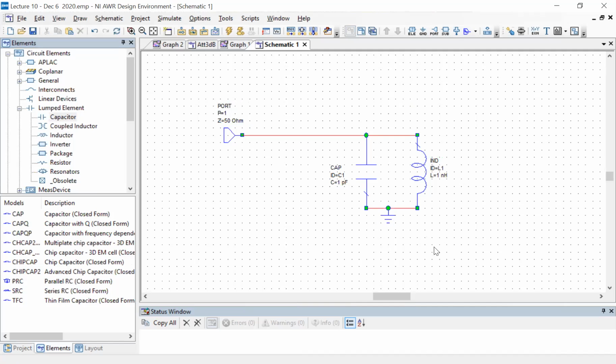And I know that 1 nanohenry and 1 picofarad will give me something around 5 gigahertz. Let me just increase the Q factor a little bit by changing the values by factors of 10, so reduce L by 10 and increase C by 10.